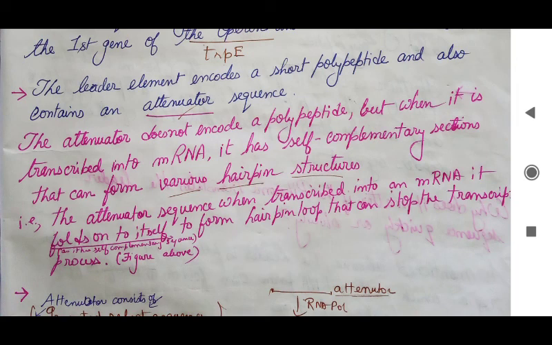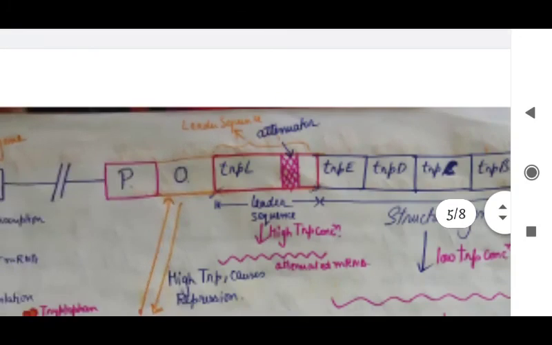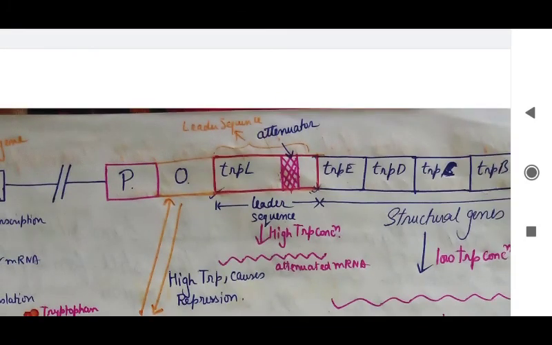The leader sequence is located between the operator and the first gene of the TRP operon, that is your TRPE. The leader sequence encodes a short polypeptide.